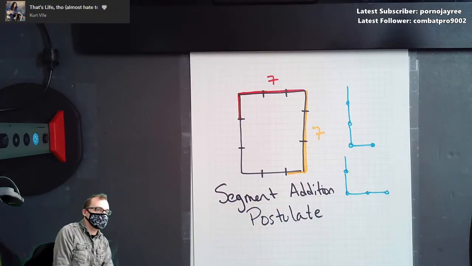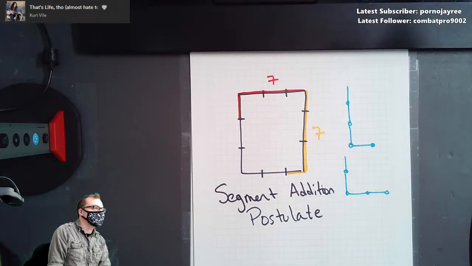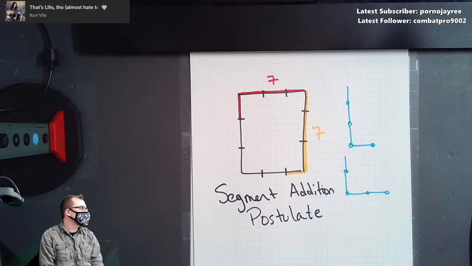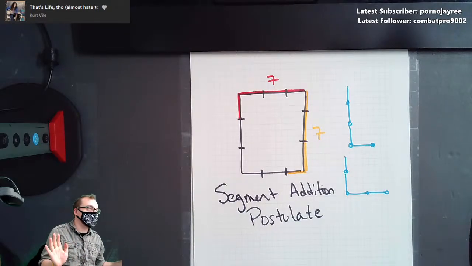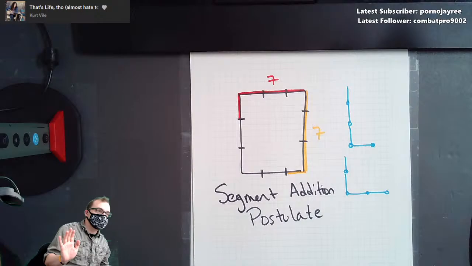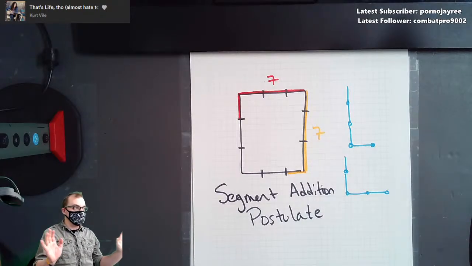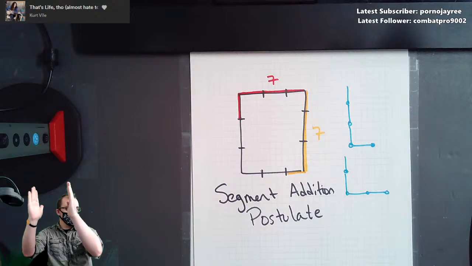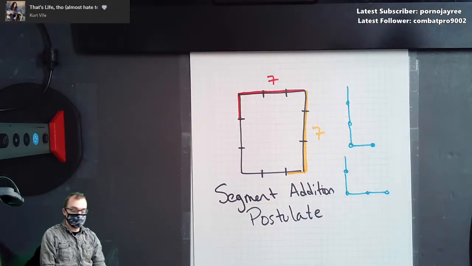Line segments. Know what I'm talking about? Yeah? Take a line, divide it up into tiny little pieces. Those are segments, right? Segments of a line. Is this blowing anybody's mind? Do I need to slow down? Take a line and you cut it into pieces, and those pieces are called segments.